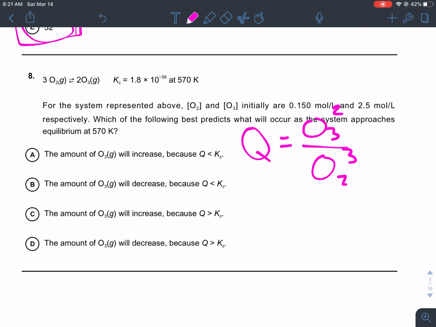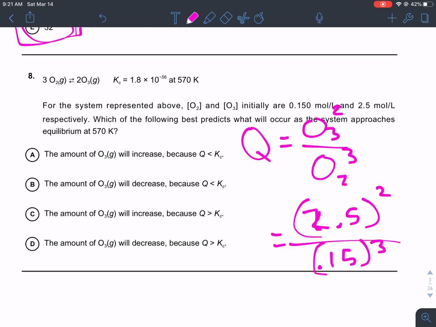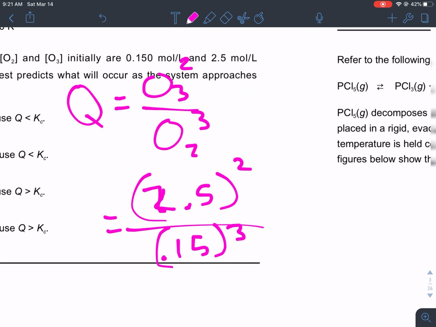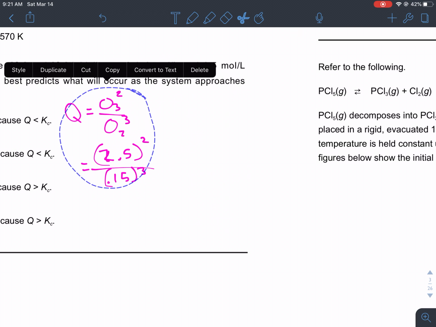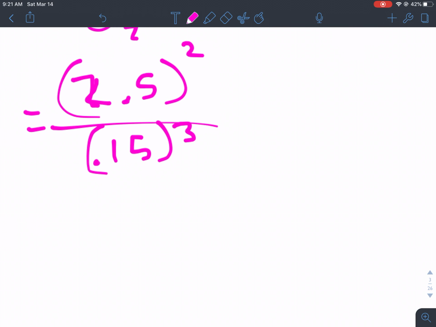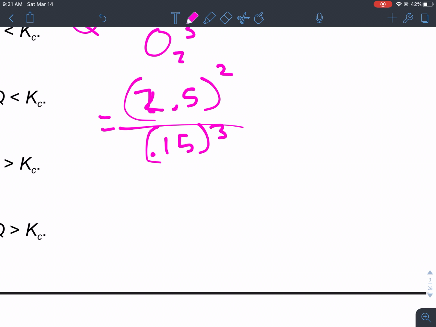Let's put in the correct numbers. My O3 was 2.5 squared over 0.15 cubed. This is my Q. Now, this is a really annoying math problem because, let's say you don't know the square of 25, which is 625, but this is 6.25.